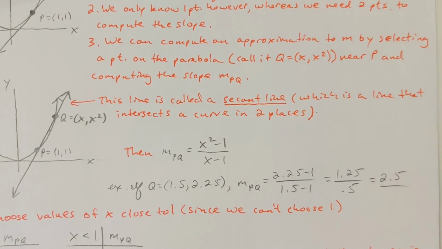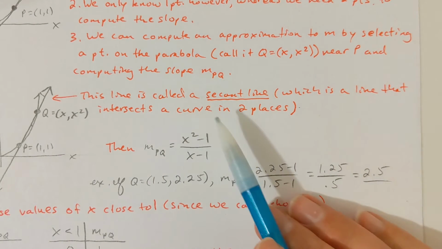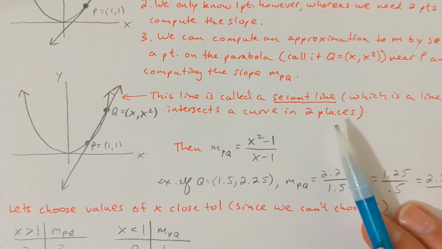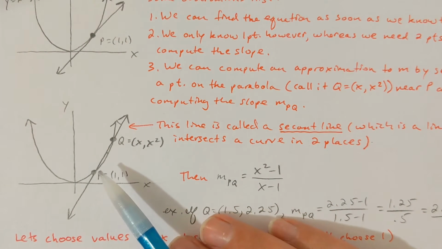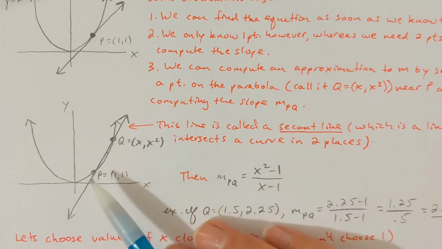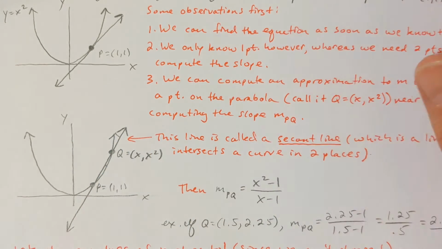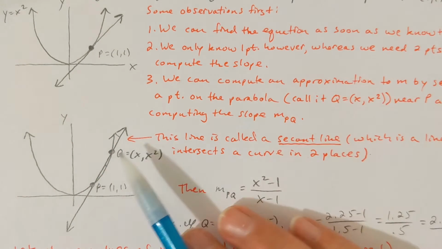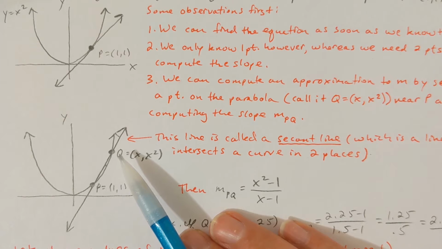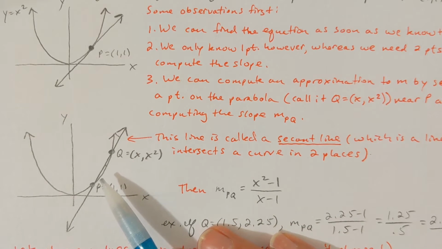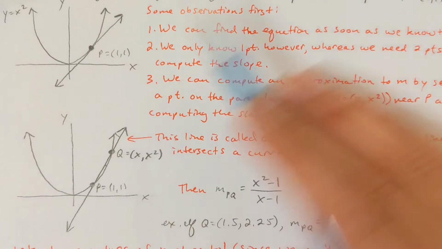Okay, now a secant line is a line that's going to intersect a curve at 2 points. Now, if we keep in mind that points P and Q are very close to each other, then ideally the secant line is going to look very much like the tangent line. And if I allow point Q to get closer and closer to point P, I'll be able to have a better idea of the slope of the tangent line.